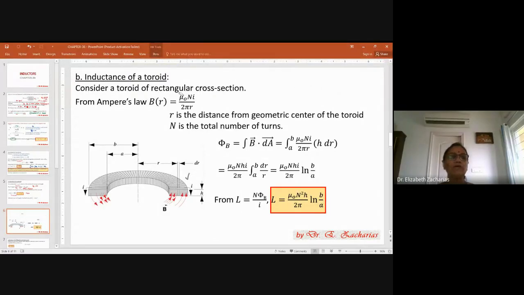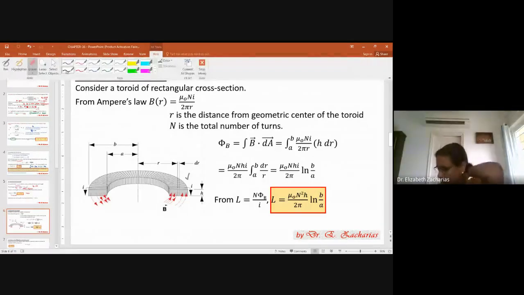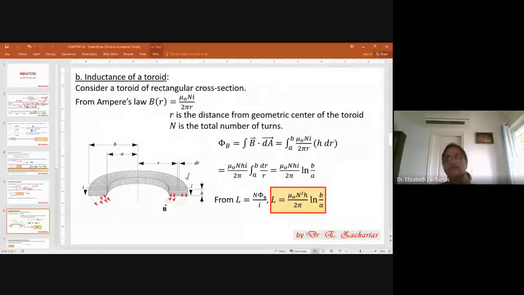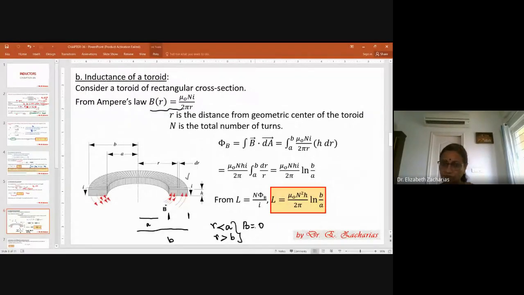Now we are again going to go back to chapter number 33 for some of the results. One of the results is that there is going to be a magnetic field in this region inside the toroid. If the inner radius is A and the outer radius is B, then for R less than A, the magnetic field will be 0. We got it from Ampere's law. For R greater than B, also magnetic field will be 0. That also we got from Ampere's law.